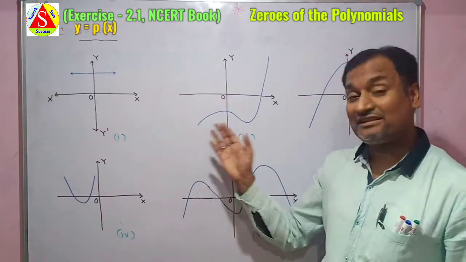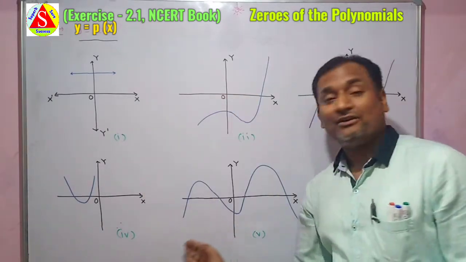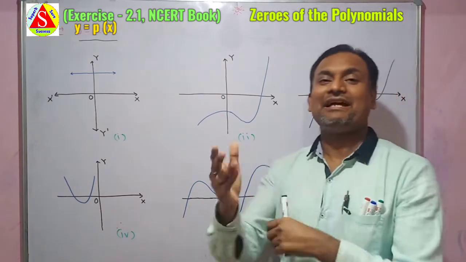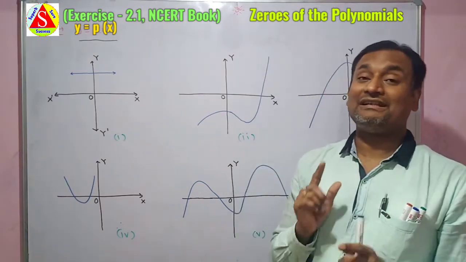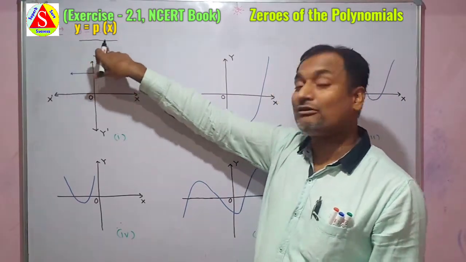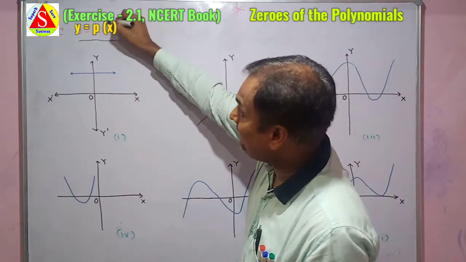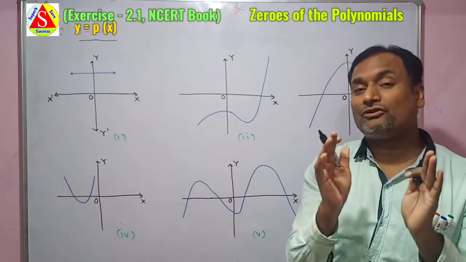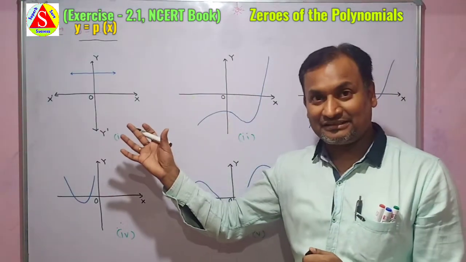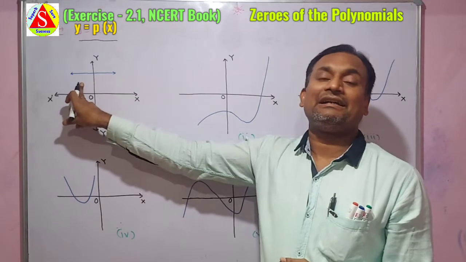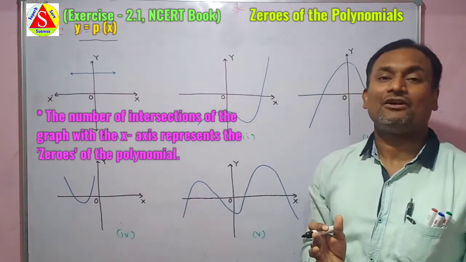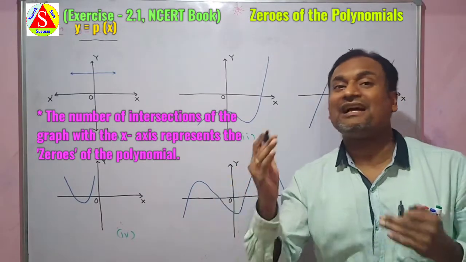But here the question is different, we are given a polynomial in the graphical form, then again in this case it is very easy. So first of all dear students, just look at the expression, here y is equal to p(x) is given, it means here we are having variable x in the polynomial. So in this condition we can easily find the number of zeros by just seeing the intersection of the given graph with the x-axis.